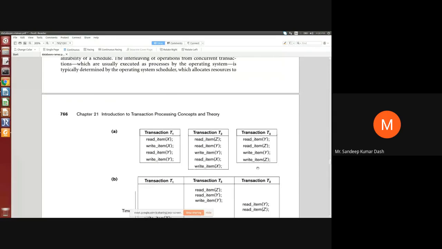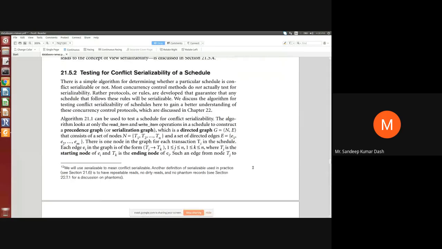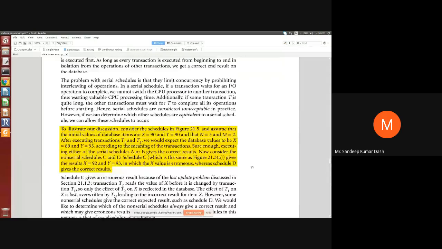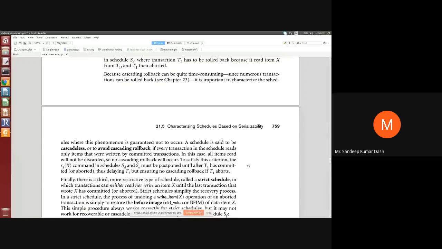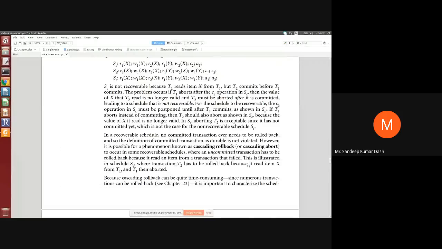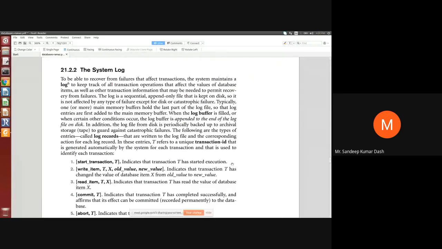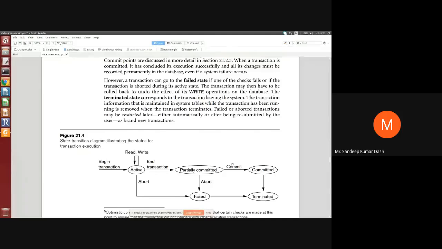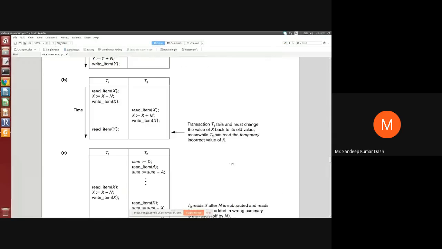See the previous concept of serializability. Here you saw this particular part. This is modifying data item X, writing onto the database.